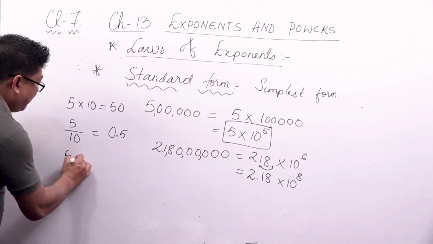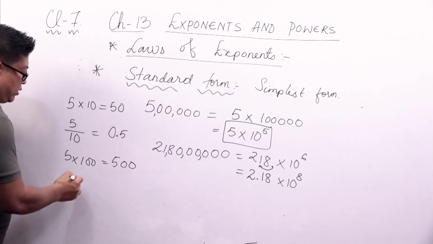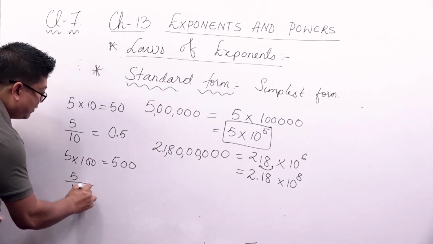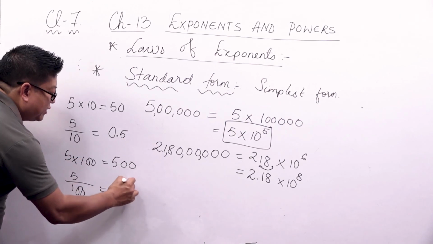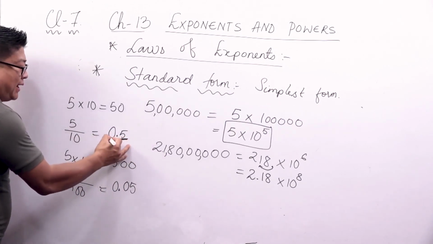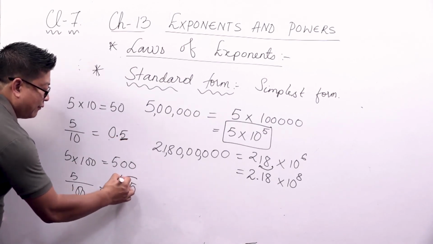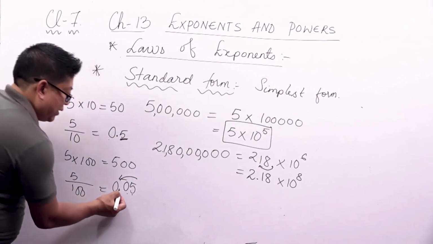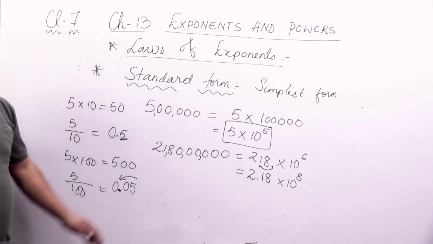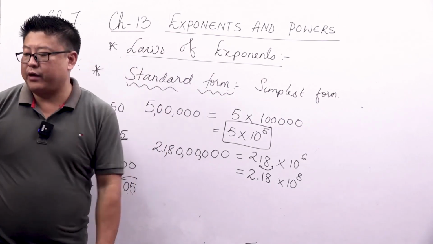Now, if you multiply by 100, you get 500, 2 zeros. If you divide 5 by 100, you get 0.05. See, by 10 we moved 1 place, by 100 we moved 2 places to the left. We are talking about the decimal point. This will be followed, and we will be doing more of this in the later part of the exercises.